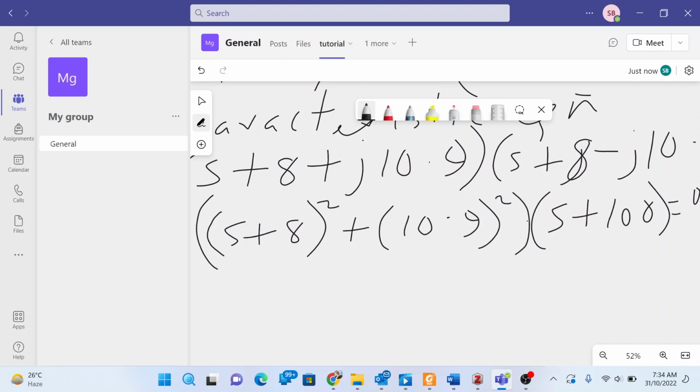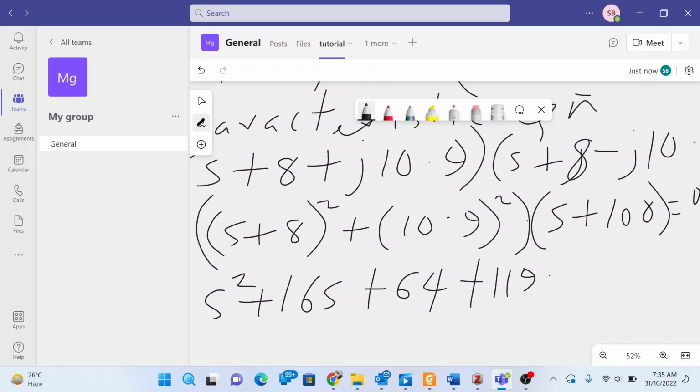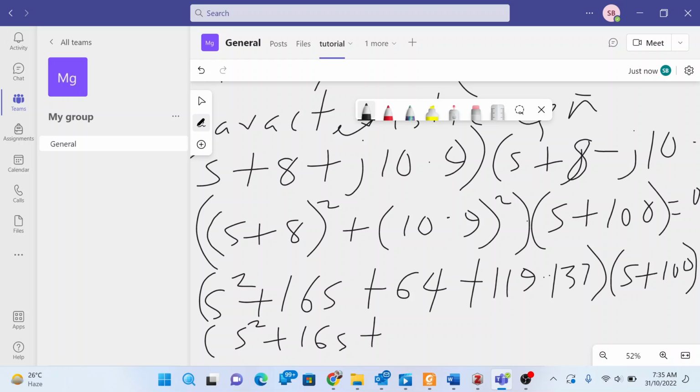Now we'll expand this. S plus 8 squared is going to give us S squared plus 16S plus 64.